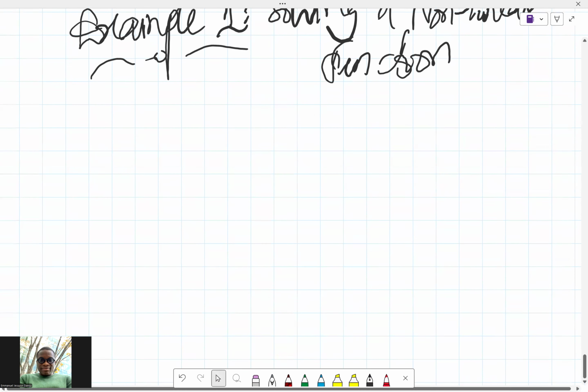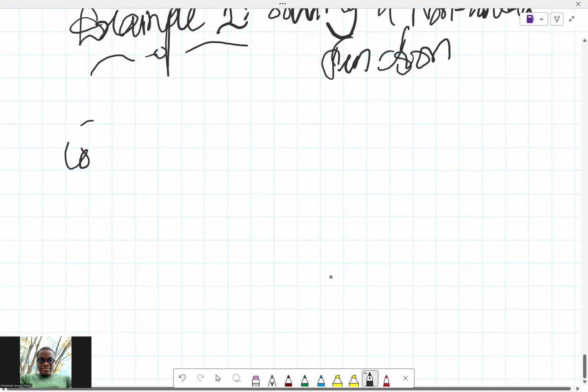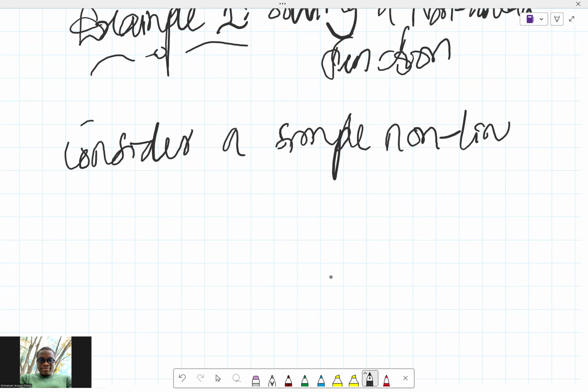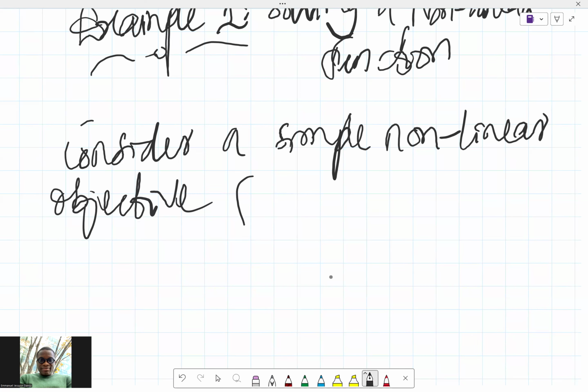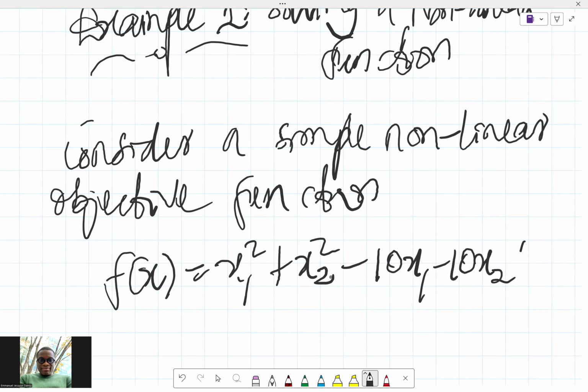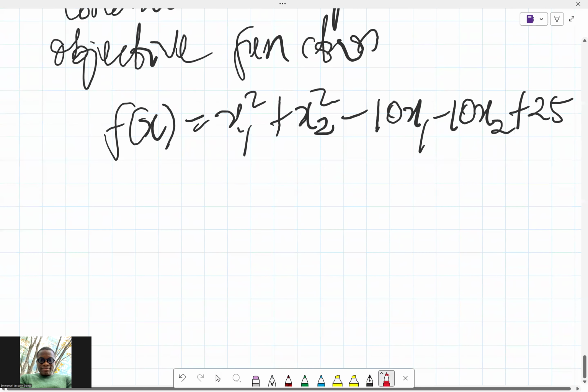Consider a simple nonlinear objective function, that is f of x equals x1 squared plus x2 squared minus 10x1 minus 10x2 plus 25. That is the function just like that. And then we go step by step.